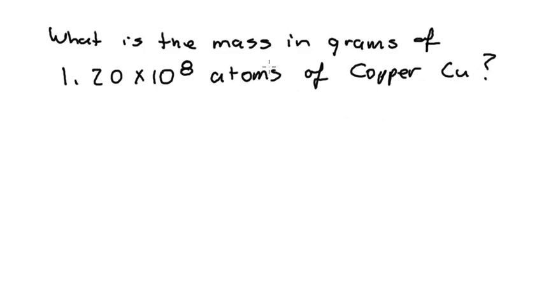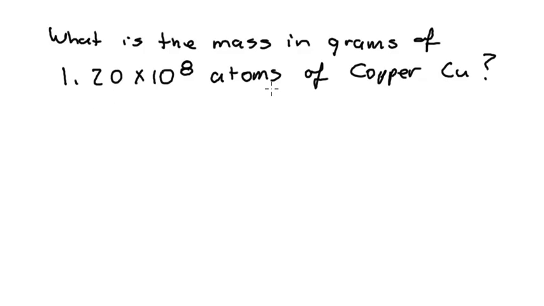Alright, so here we don't have moles in our problem, but know that you always have to use moles. You can't get away without using moles. So if moles is not part of your problem, we have mass and number of atoms, this is going to be a two-step problem. We have to go to moles first.